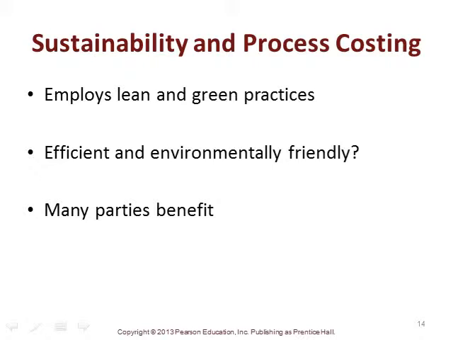And then, of course, there are many parties that benefit. There are a lot of stakeholders to this process. There are the employees of the company, the management of the company, the shareholders, society at large, and the consumers of the product. So there are many parties to our process, and of course we want sustainability practices to benefit all of these parties.